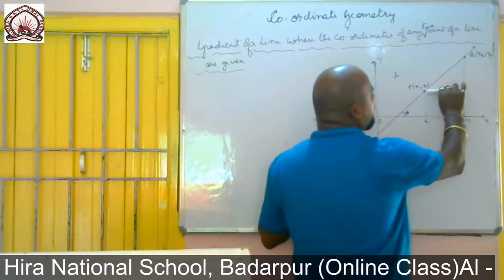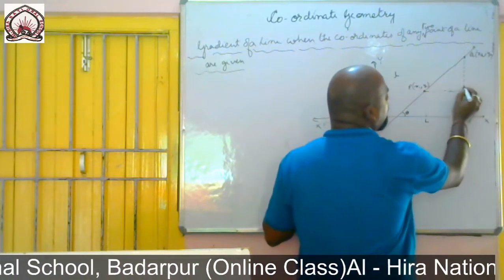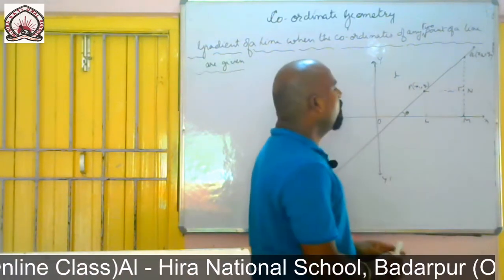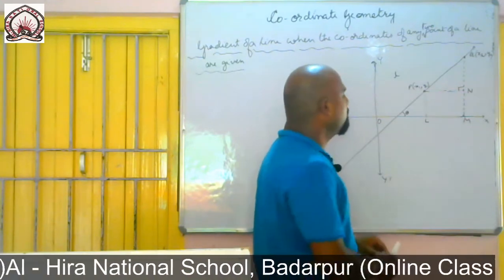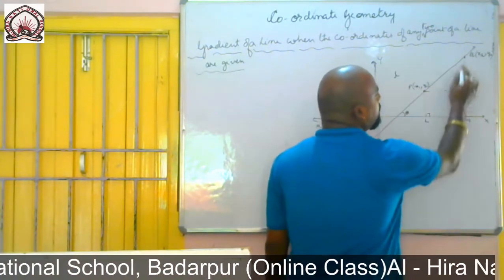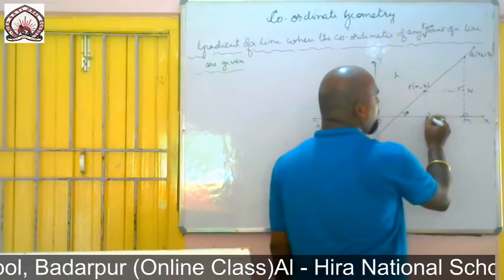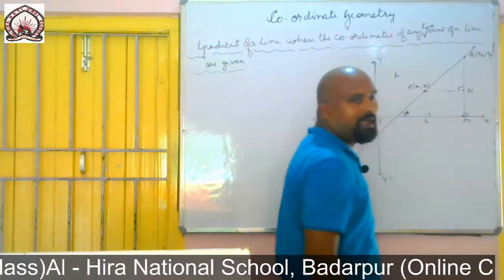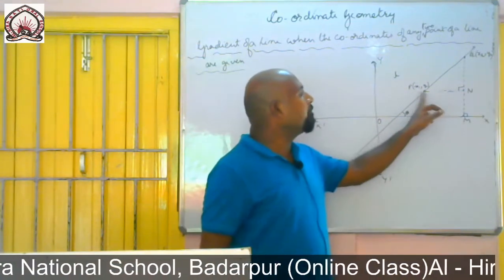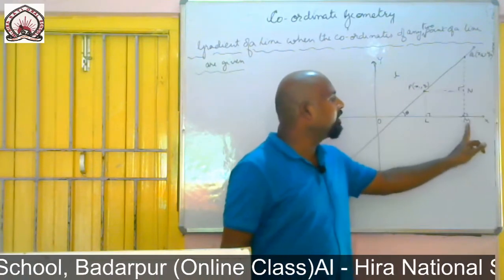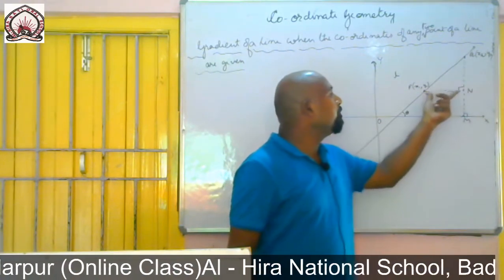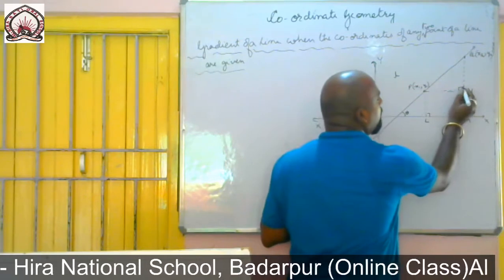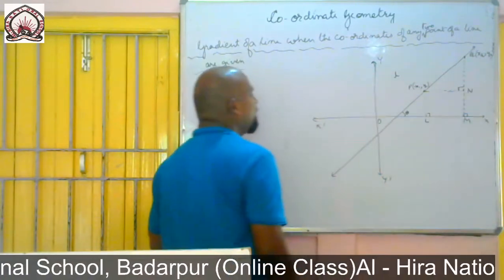Now this line is parallel to this line, let us consider this is N. PL is perpendicular to the x-axis and QM is also perpendicular to the x-axis. Okay. Now here PN is drawn perpendicular to QM. PN is perpendicular to the line QM. So this angle is equal to 90 degree. Okay.